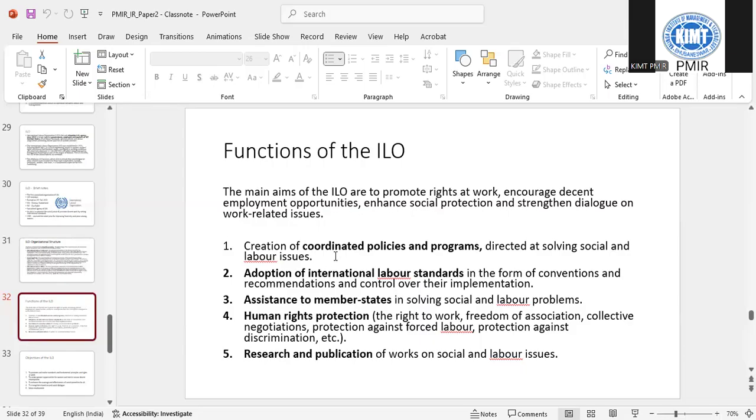Reviewing that, ILO recommends and suggests new laws, new rules. Another function is adopting labor standards in the form of conventions and recommendations and controlling their implementation. So they are forming the new labor law.